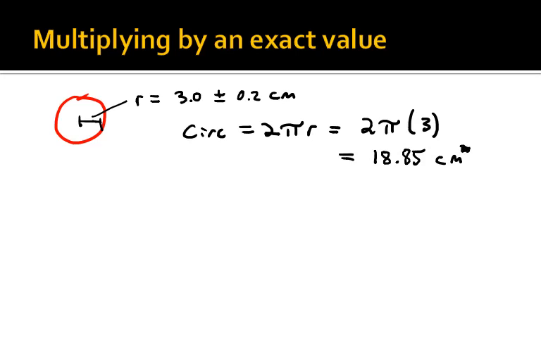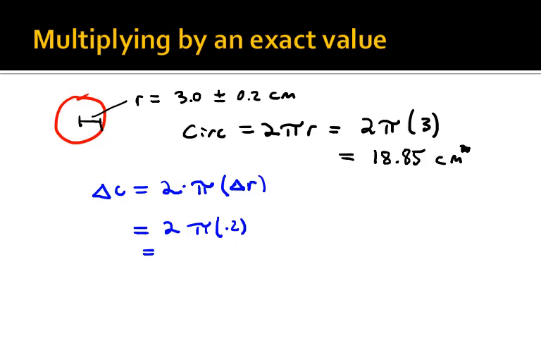Okay, so what we do with uncertainty here, the uncertainty in their circumference, the way we do that is we multiply the constants, 2 times pi times the uncertainty in the radius. And so we just do that. So 2 times pi times 0.2 is going to give us 1.25.